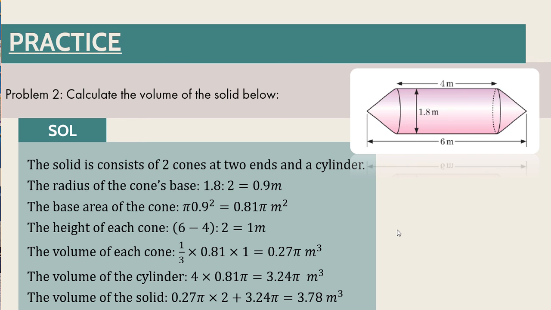So the volume of the solid is the sum of the volumes, which is equal to 0.27 pi times 2, because we have two cones, plus the 3.24 pi, which is equal to 3.78 pi cubic meters. So 3.78 pi cubic meters is the volume of this solid.